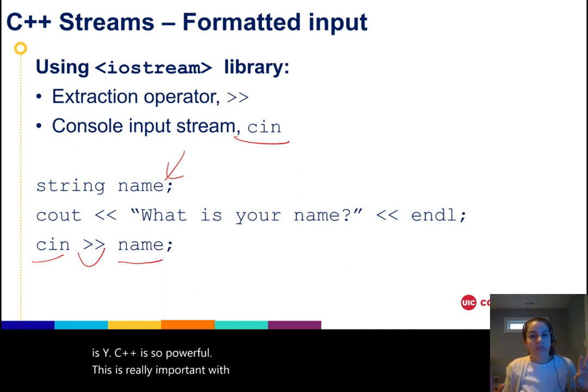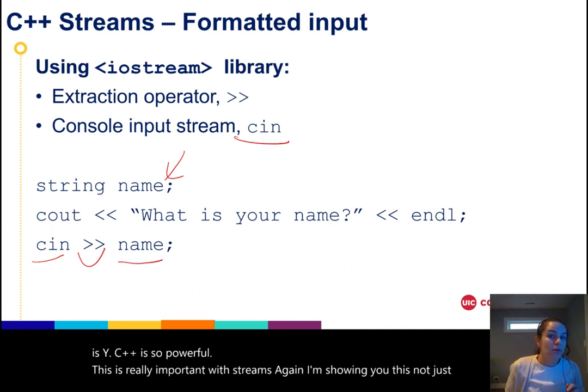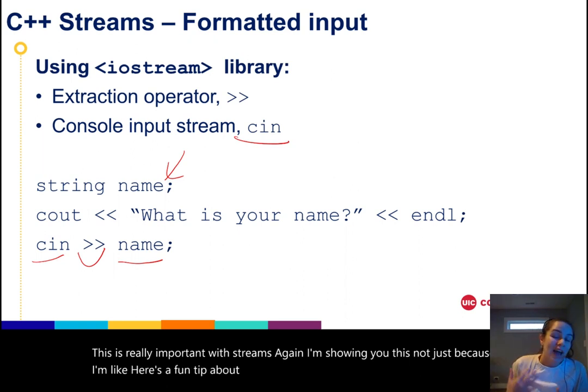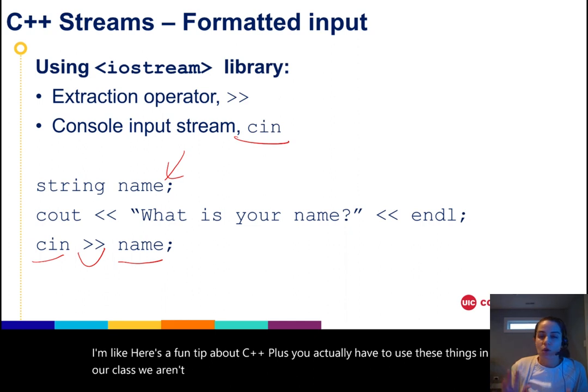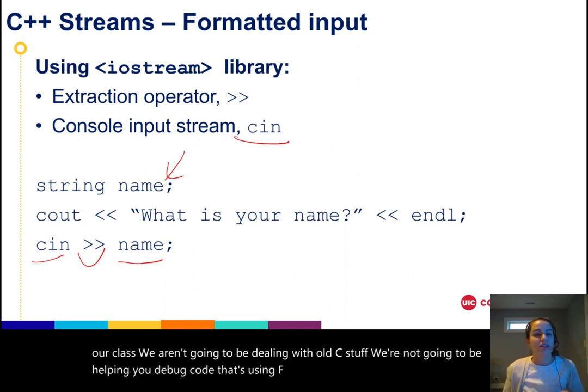Again, I'm showing you this not just because I'm like, oh, here's a fun tip about C++. You actually have to use these things in our class. We aren't going to be dealing with old C stuff. We're not going to be helping you debug code that's using fprintf or char arrays. It's not supported at all, so don't use it.